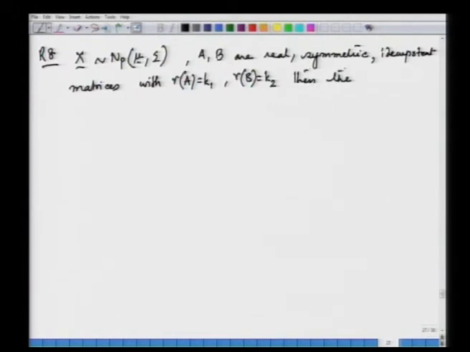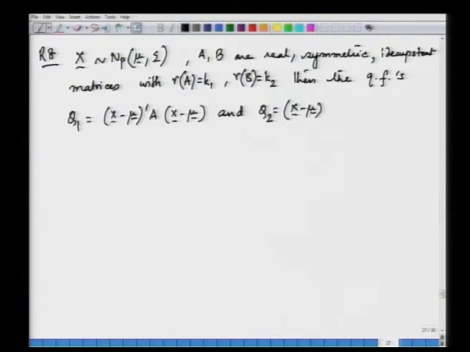the same quadratic forms, then the quadratic forms Q1, the first one was with A. So, x minus mu transpose A x minus mu, and the next one, these are independent.